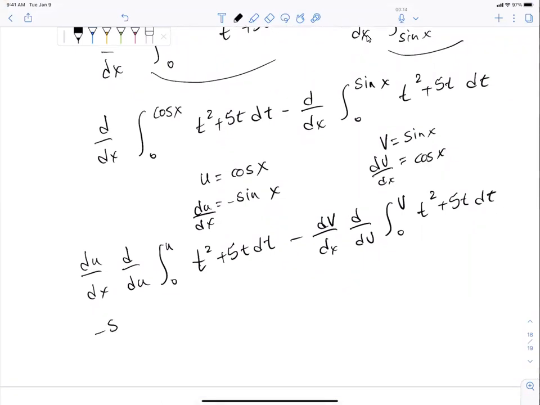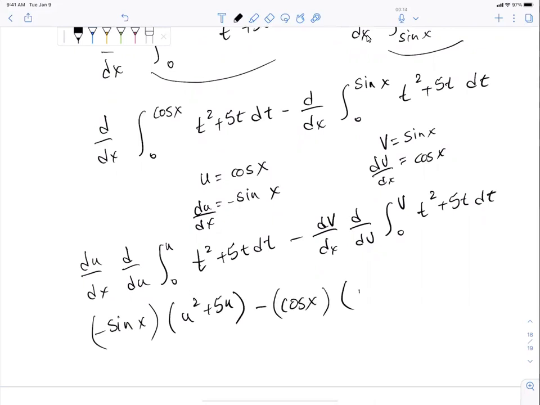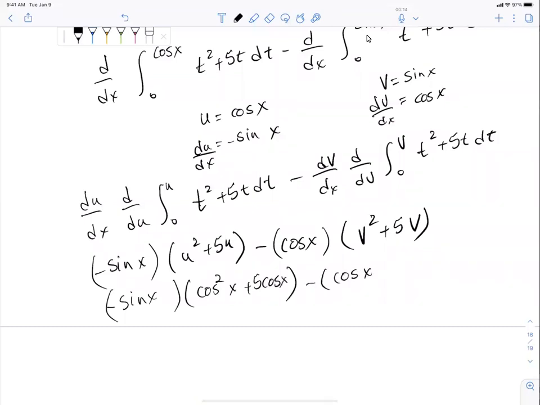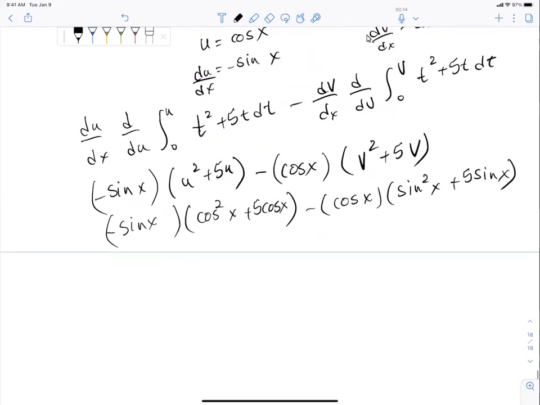So I'm going to have negative sine x for du/dx. This part is the fundamental theorem of calculus. Once again, cosine x for dv/dx, fundamental theorem of calculus. And then I have to replace u with cosine and v with sine. And in an unsimplified form, this is good.